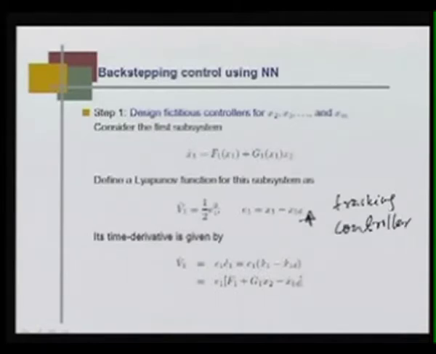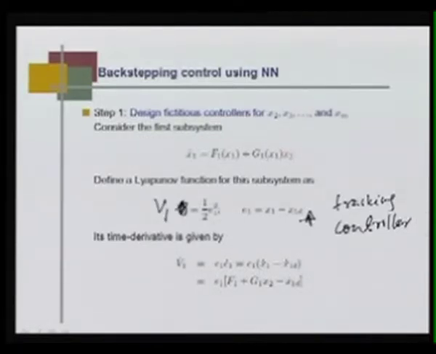The objective is to design a tracking controller so that my plant should follow the desired trajectory. So, its time derivative is given by V1 dot, sorry, this is not V1 dot, this is simply V1.